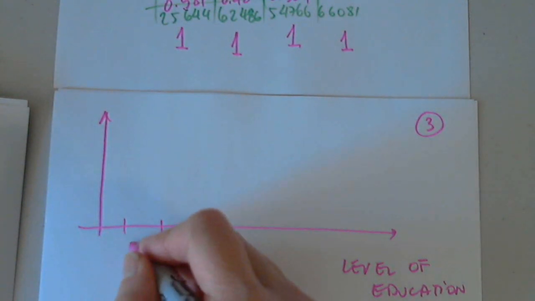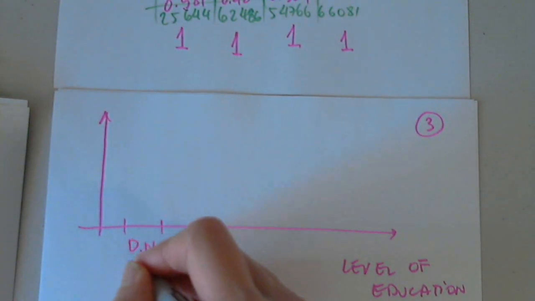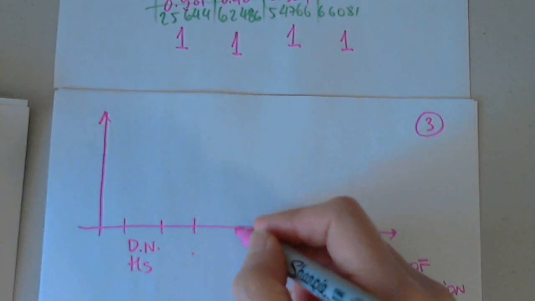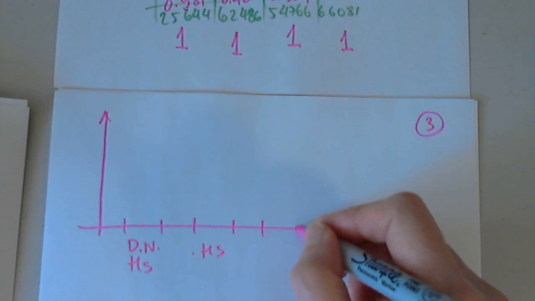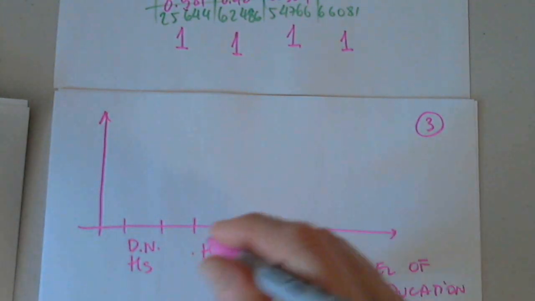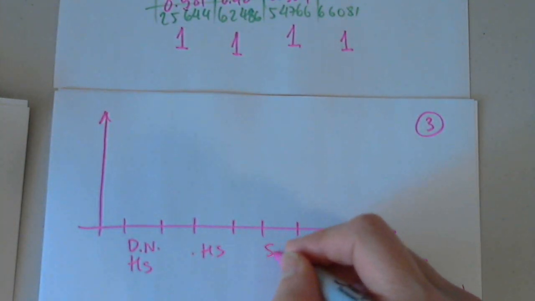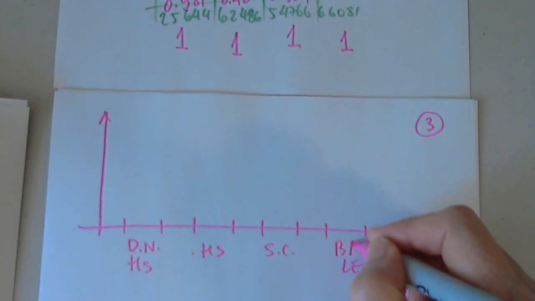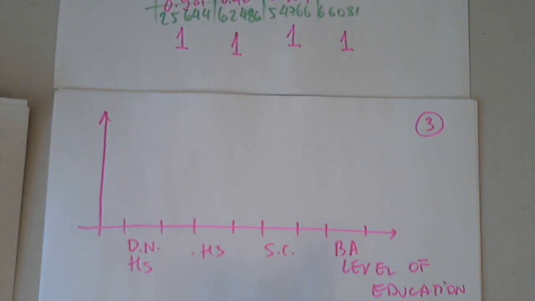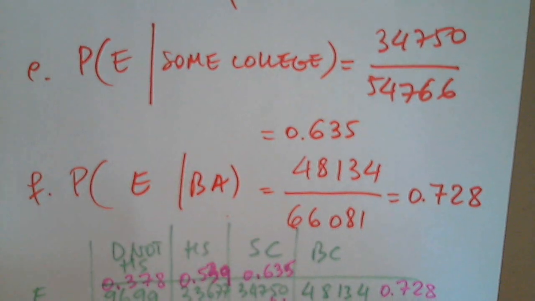So this is did not finish high school. This is finished high school. I'm trying to make them equal in width. Some college and a bachelor's degree. Okay, so what do we know about the employed?